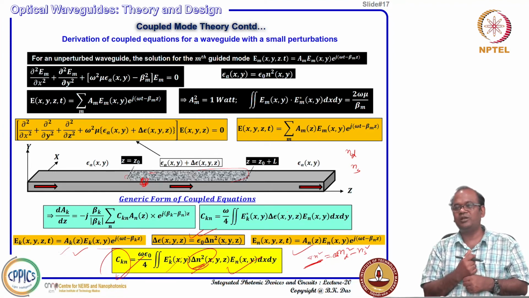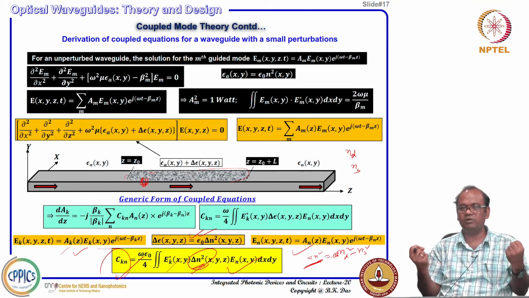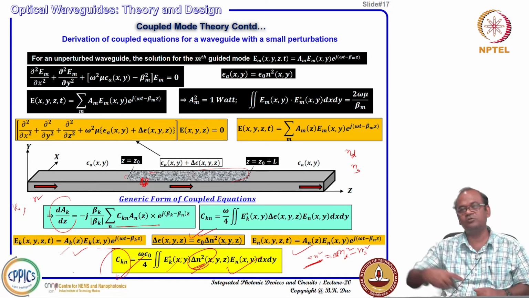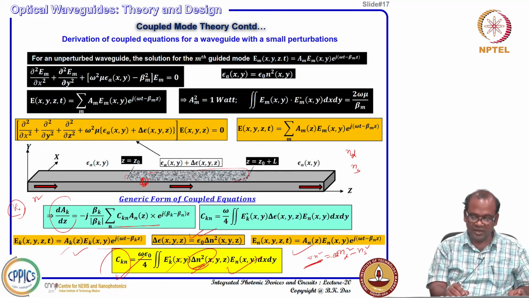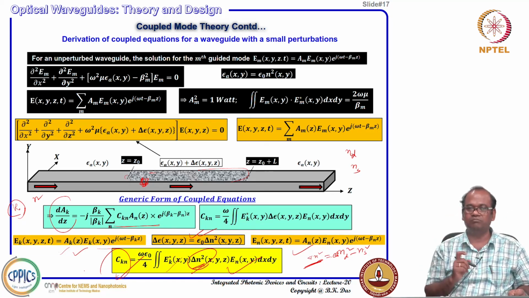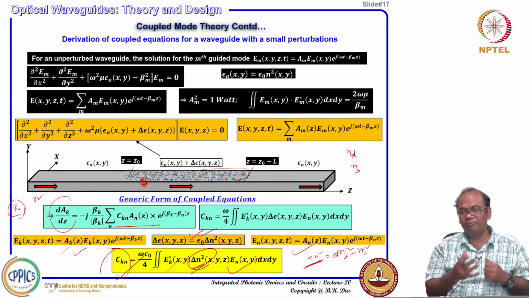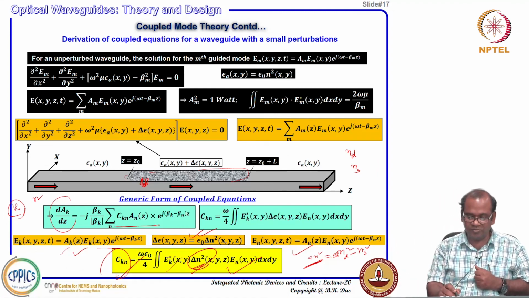So most of the time you will be dealing with coupling between only 2 modes. When you consider coupling between 2 modes, you need only one term, because you are considering only one specific mode k and one specific mode n, not n running over all the modes. Then the right hand side will have only one term. That means I can say how much the kth mode is increasing or decreasing as a function of z because of the nth mode.